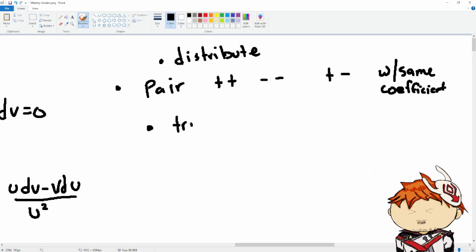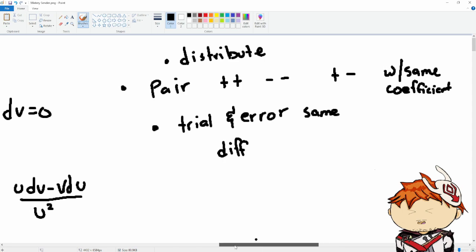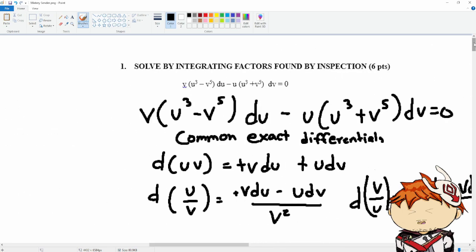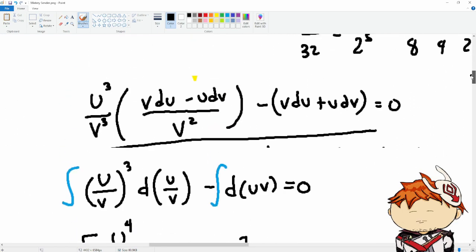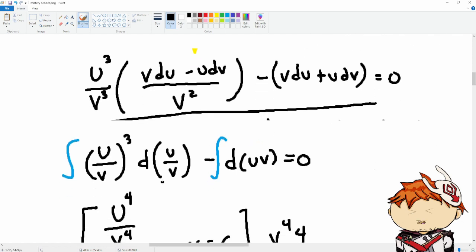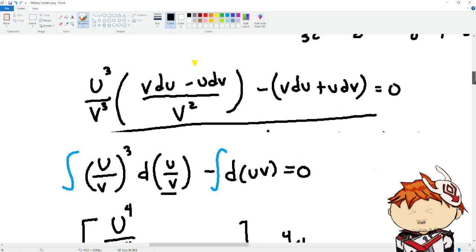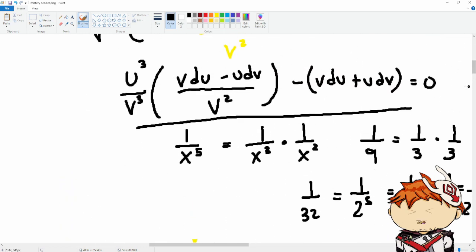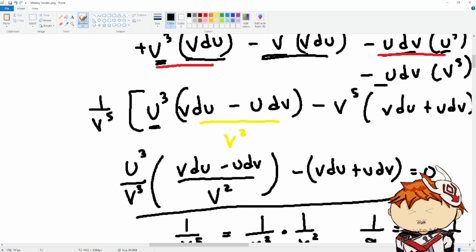Then trial and error, same differential. This is another part of the inspection that you need to get. Because this is a u over v differential, you need to have a u over v. What we have first is u cube only, so you need to have a pair.